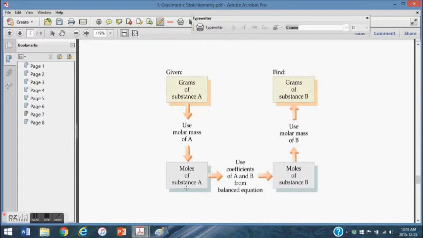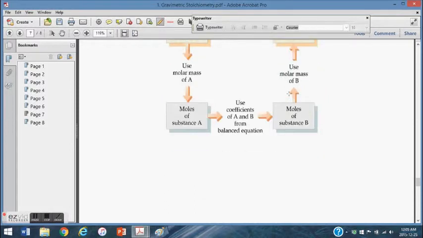But for starters, grams: use the molar mass to find moles, coefficients to determine moles, and the molar mass to find grams. Okay, let's look at how this actually works.